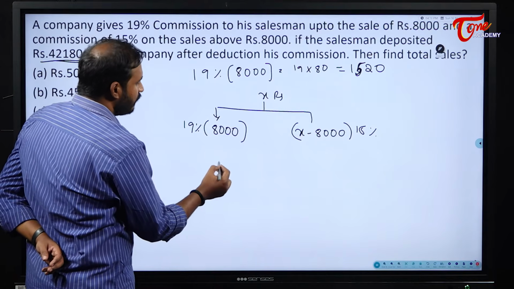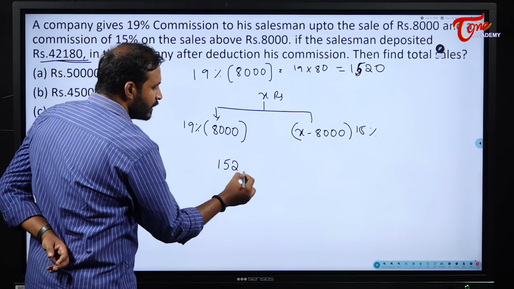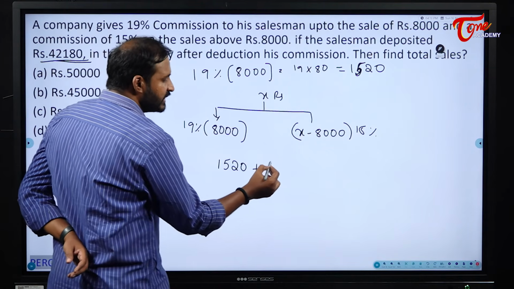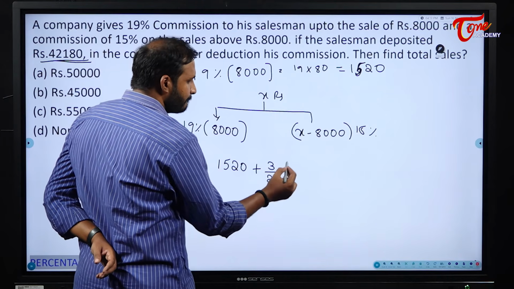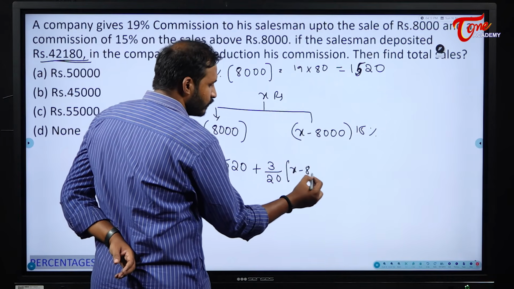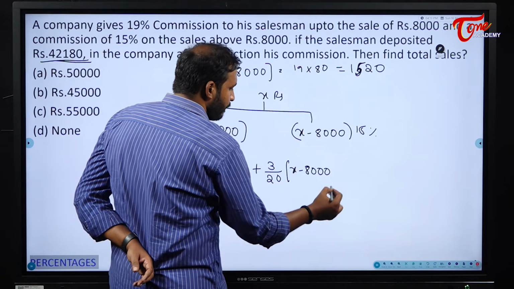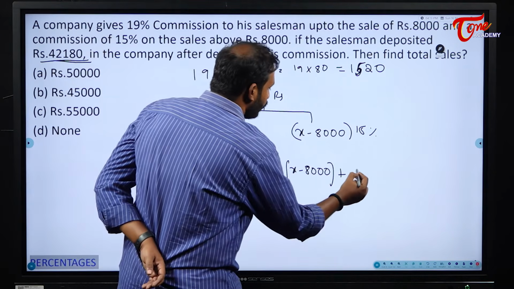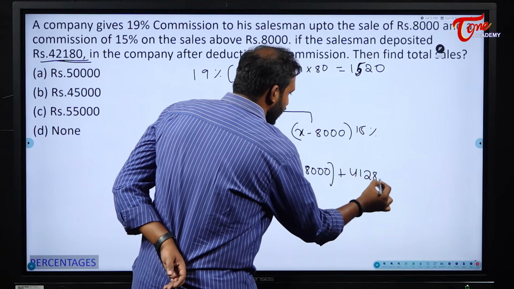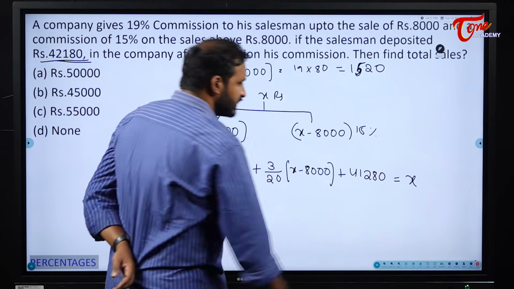So we just calculated 1520, plus 15% which I can write as 3 by 20 of X minus 8,000, plus the amount he is going to deposit, 41,280.